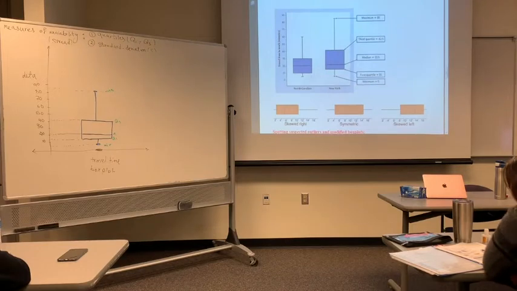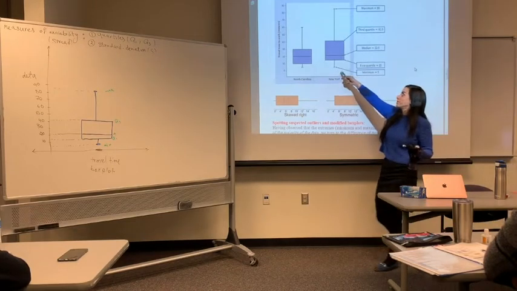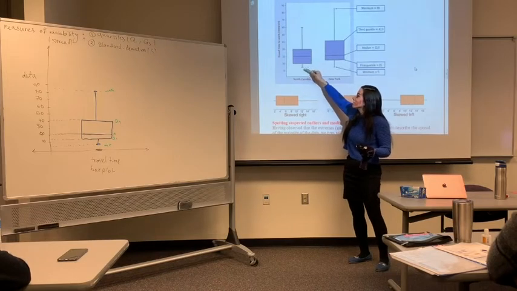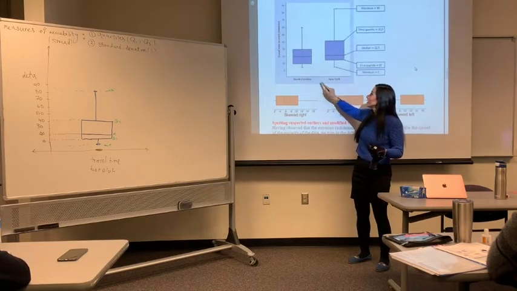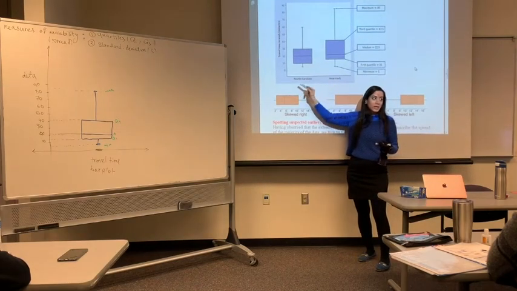So look at this. This is the box plot, the one I drew. And then we have another travel time for North Carolina. This was New York. So see, we can separate them.